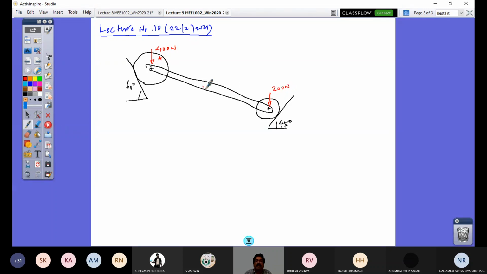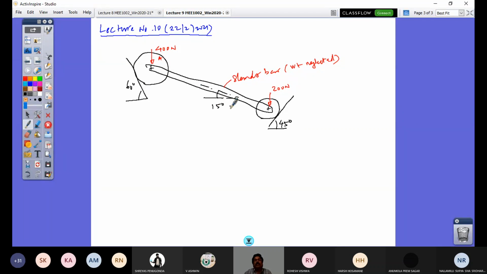The slender bar's weight is neglected compared to the weight of the discs. The orientation of this slender bar connecting the two is 15 degrees.